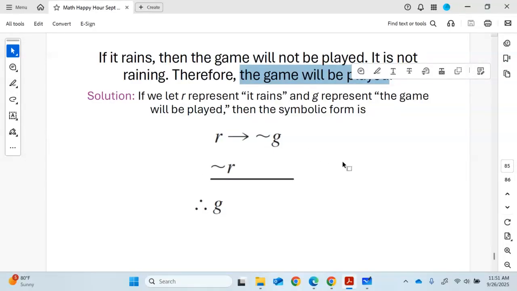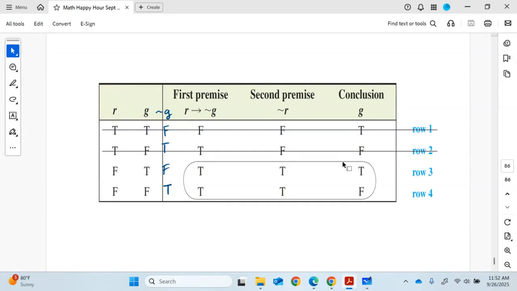So step number 1 to check the validity of an argument is to represent the argument in symbolic form. Well, now the next step is to create the table. And this is pretty similar to the other one.